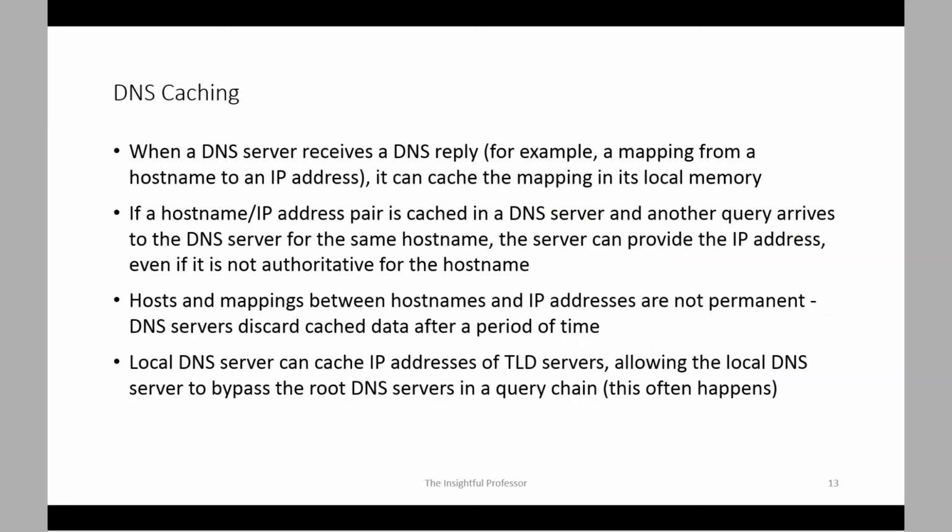The process we just described of sending a DNS query and getting a DNS reply can be quite involved. So what we'd like is to have some way to improve the performance of this. And this can be accomplished through something called DNS caching. So when a DNS server receives a DNS reply, for example, the idea of mapping a host name to an IP address, it stores that information in a cache in its local memory.